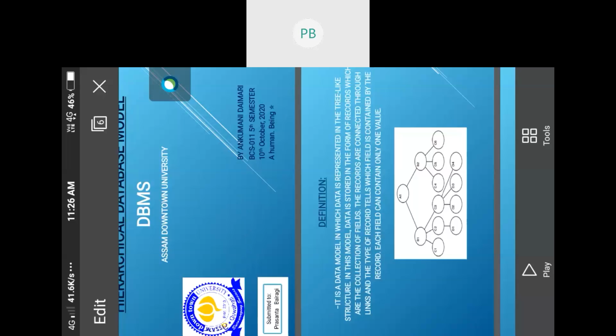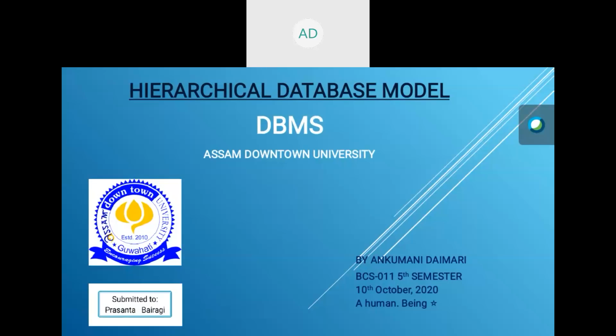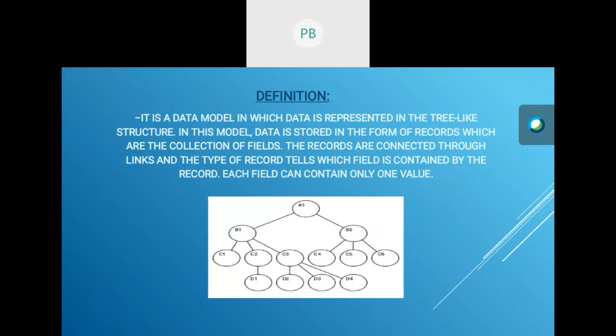Next page. How does it come? You slide it. Okay, this is the definition. Thank you for the help, sir. Okay, welcome. Okay, sir, I'll have to explain now. Yes, you start. You have to explain.